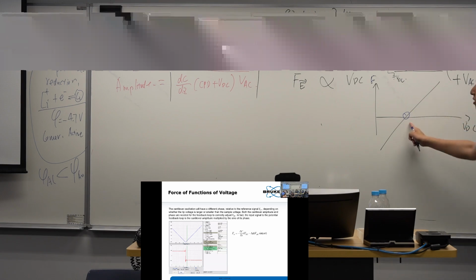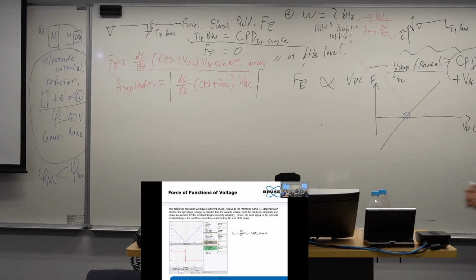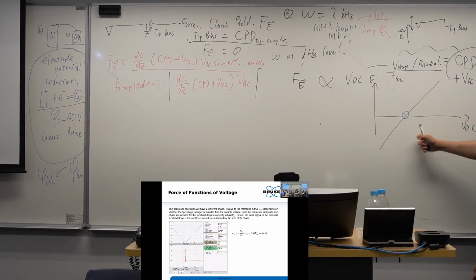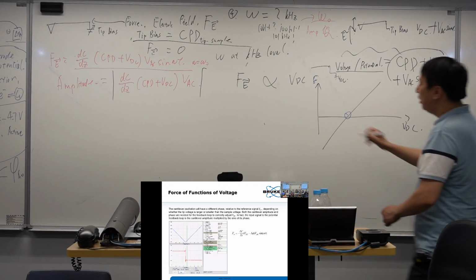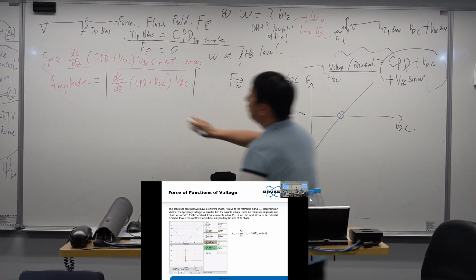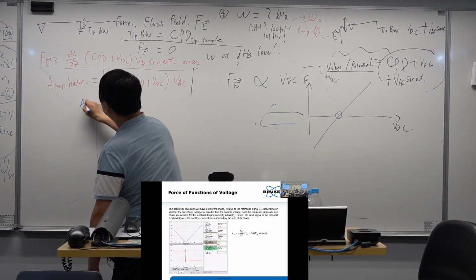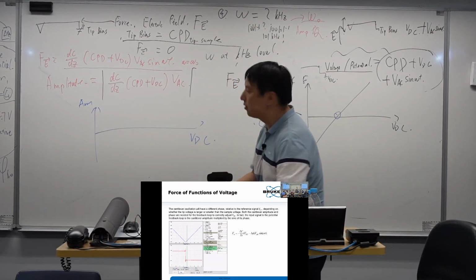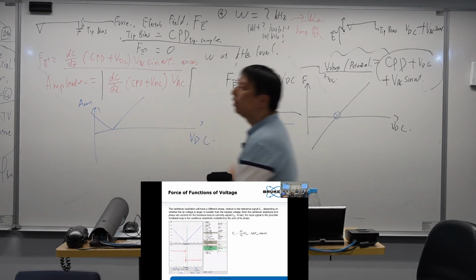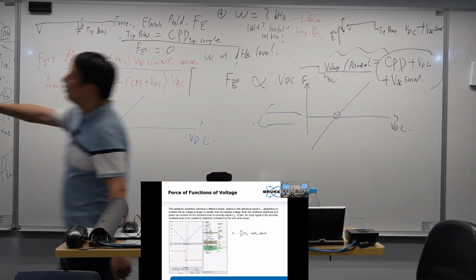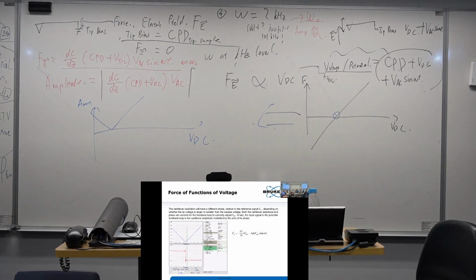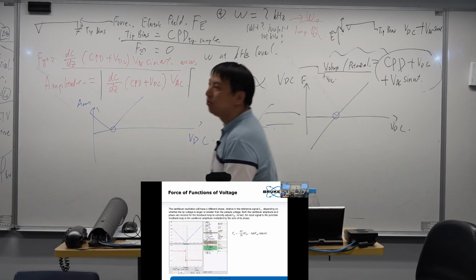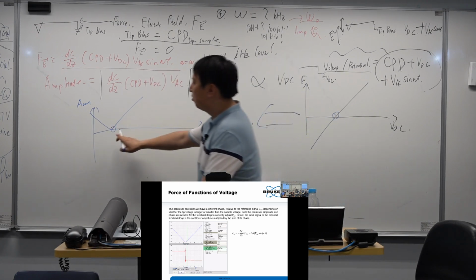We want to find this point. But once we look at the amplitude, it complicates things. The amplitude over VDC comes out something like this, and of course we want to find these points.